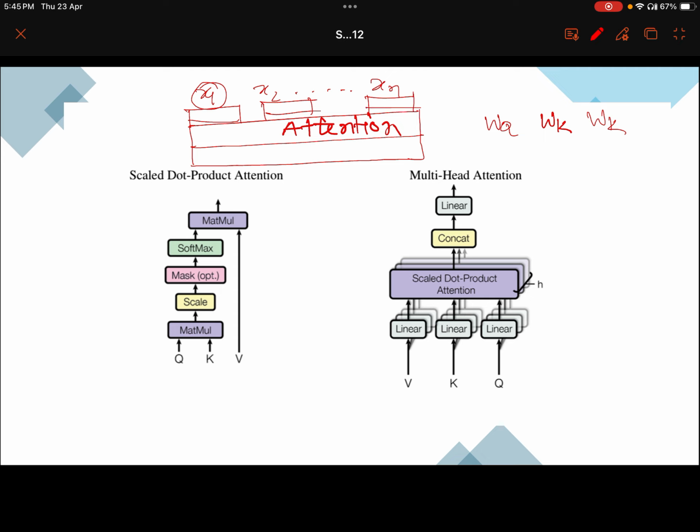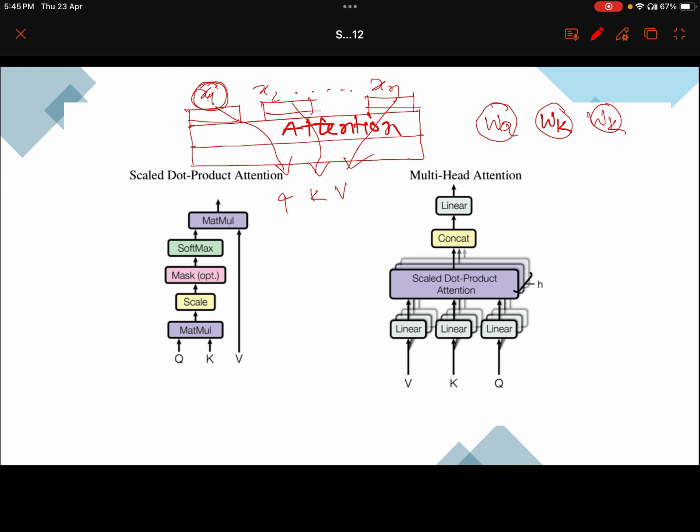We multiply those embeddings with the weight matrices, and we get three new vectors for each input token: Q, K, and V. So we get QKV for x1, we also get QKV for x2, and for xn. All are different.